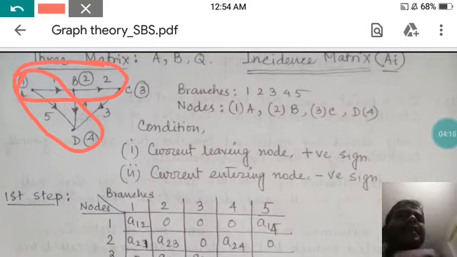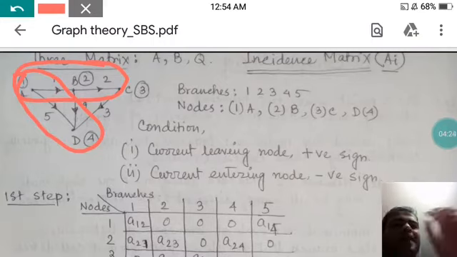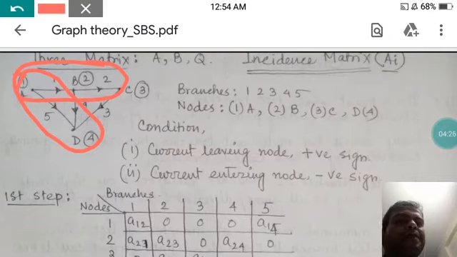So A12 and A14. In both cases the current is leaving, so they should have positive sign. A12 lies on branch number 1, but A14 lies on branch number 5. So under 1 I write A12, and under 5 I write A14.